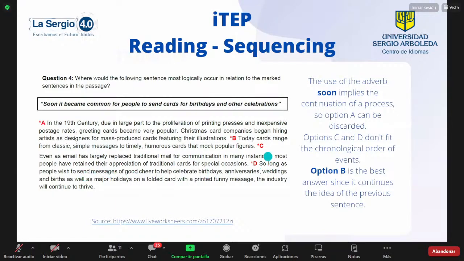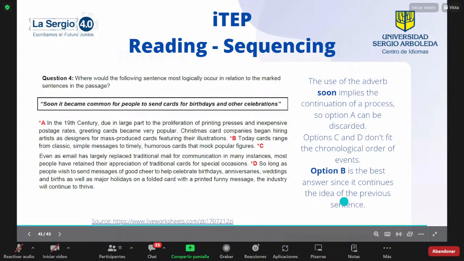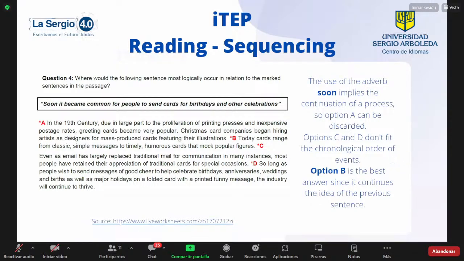In many instances, most people have retained their appreciation cards. So here, pay also attention to the tense. It became in that time where people sent cards. So option B is the best answer, because it continues the idea about the past.